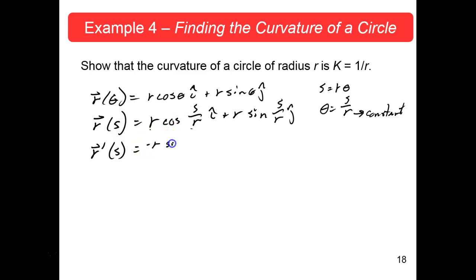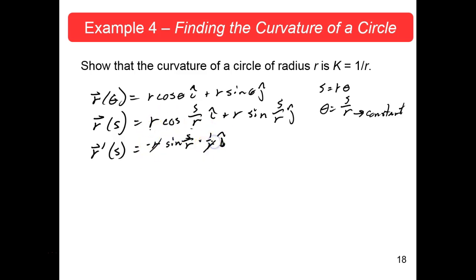Minus r sine s over r times, chain rule. Remember, s is the variable, r is the constant. Times 1 over r. And that would be your I vector.